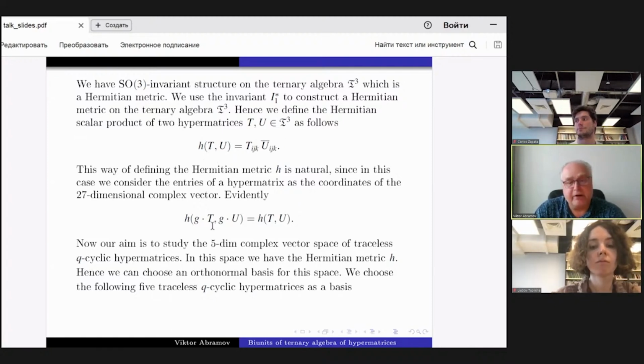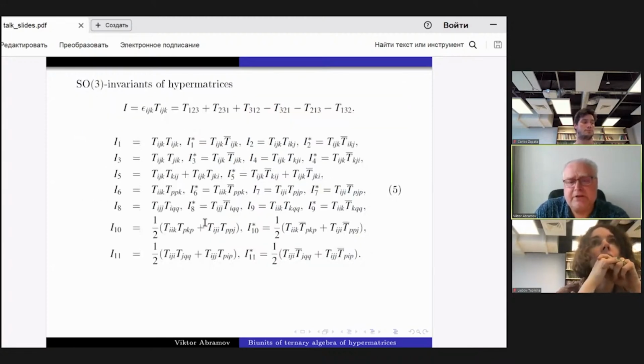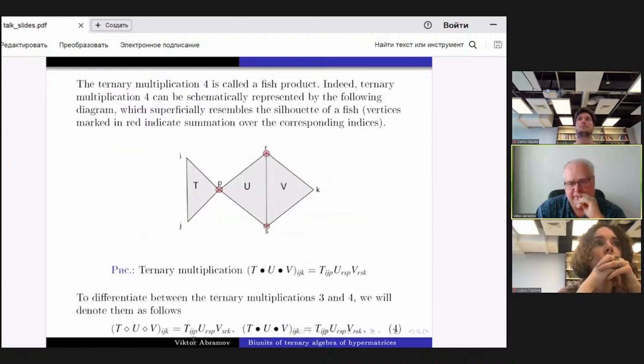Of course, this is invariant under the action of the rotation group. And the second invariant is this one. And my idea was that this invariant can be obtained from this ternary product, from this one.